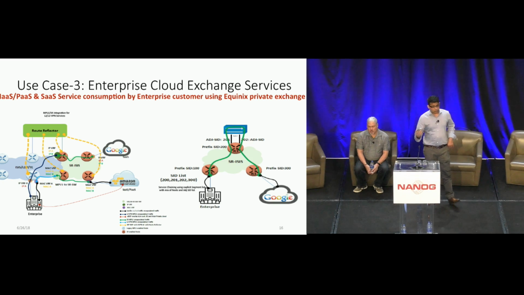On the right-hand side, I'm trying to show that if I want to do service chaining on the enterprise side, I just need to insert a SID list. The SID list tells me to go to router 200, then take 201, get NATed, come out of 202 as a label, and get to 300.